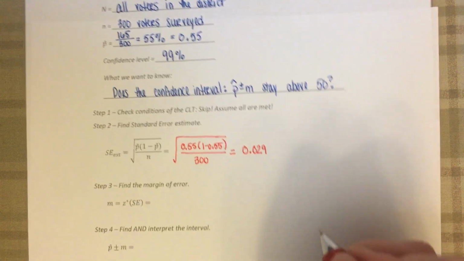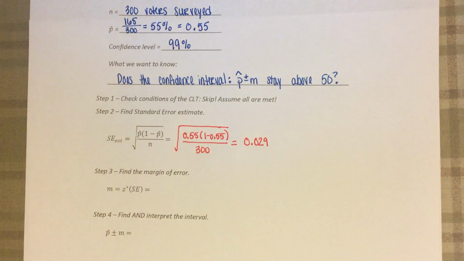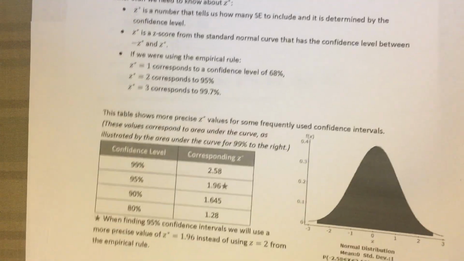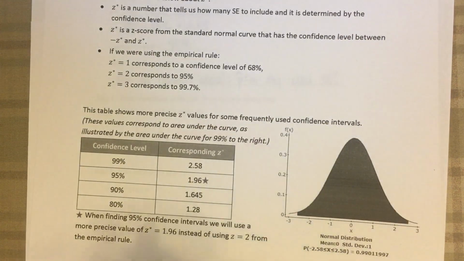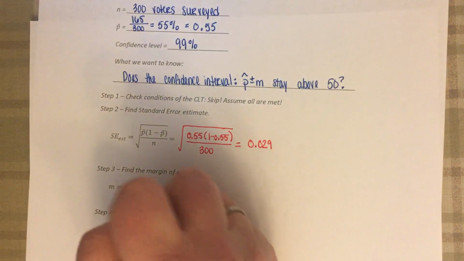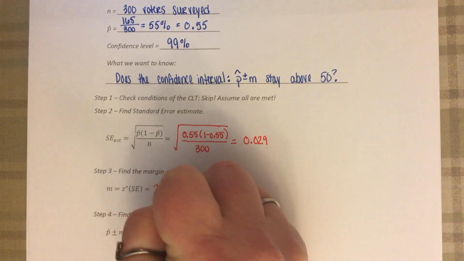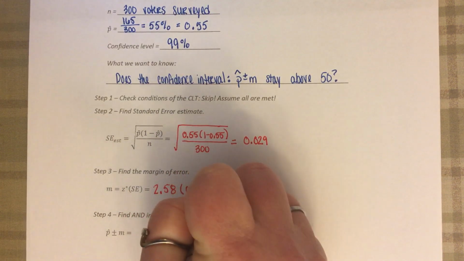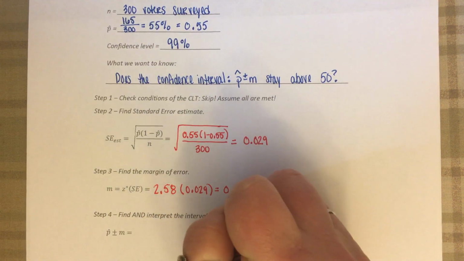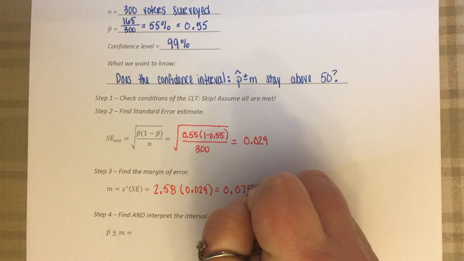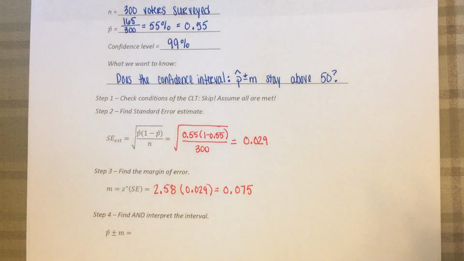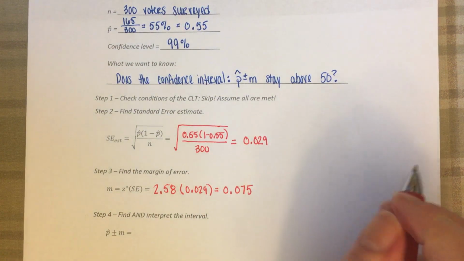Now we're going to find our margin of error, our z star. So we're going to go back to our little table here. We have a confidence level of 99%, so we're going to use a corresponding z star of 2.58. So we are going to take 2.58 times 0.029, and that gives us 0.075. And then our p hat plus or minus m.